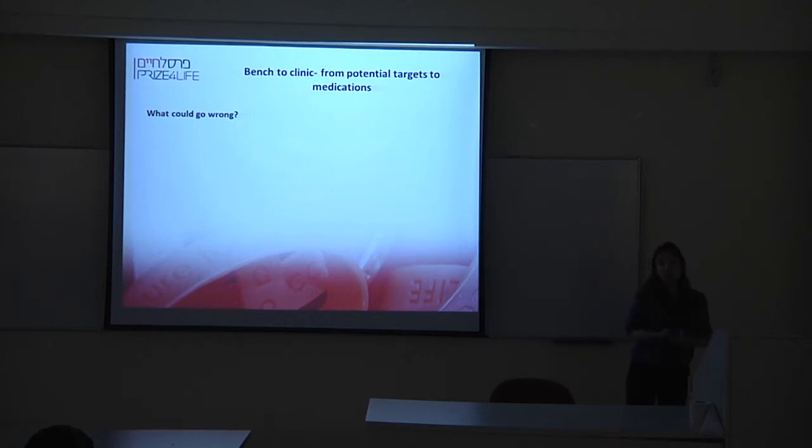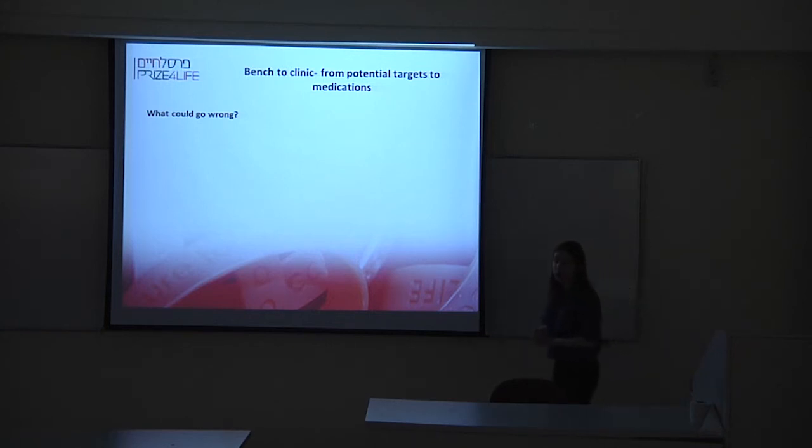Now, lithium is a drug that one can buy in the pharmacy right now, and a neurologist can prescribe it right now. This is what is called an off-label medication, meaning that if a neurologist prescribes it to an ALS patient and not a bipolar patient, the bipolar patient has the label, and off-label is if you give it to someone with another disease.